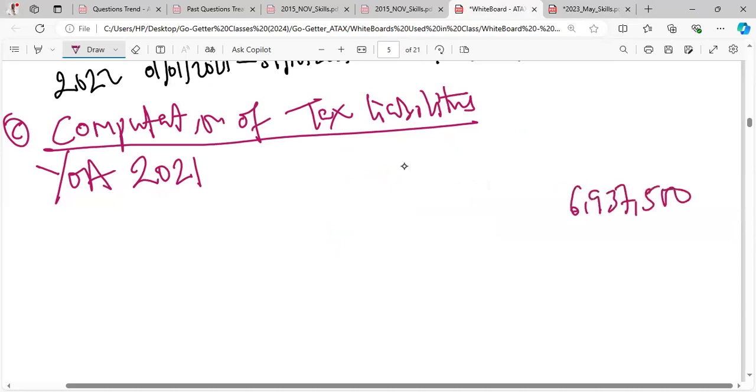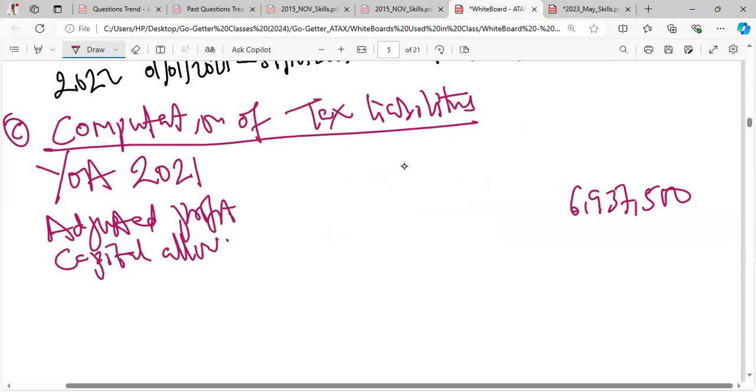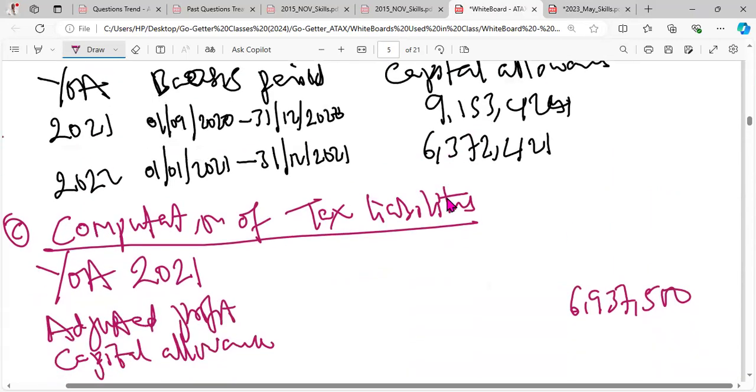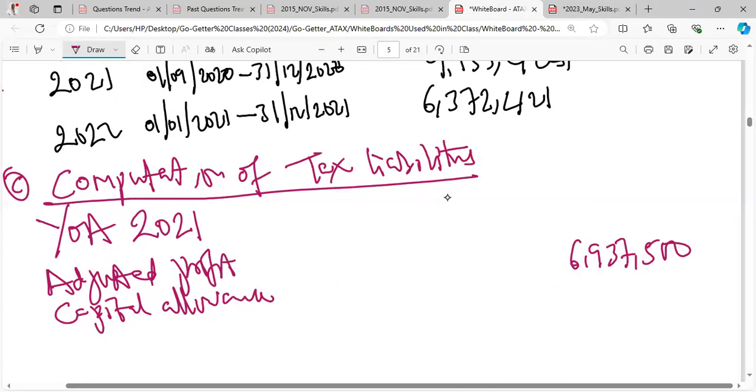I'll call it adjusted profit. And I'll say capital allowance. What's the capital allowance for that one here? It is 9 million. I'll come here.